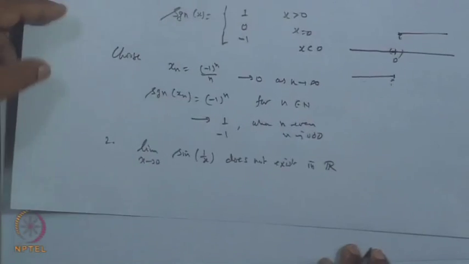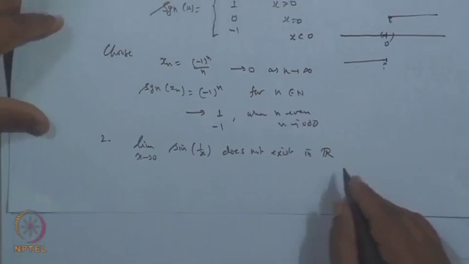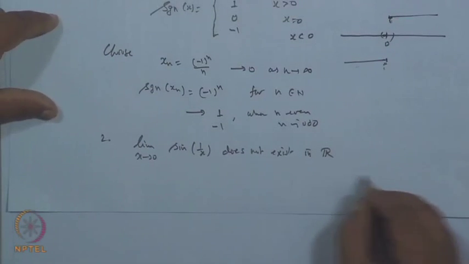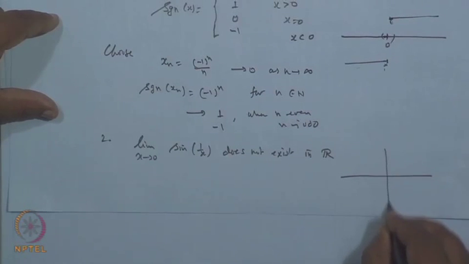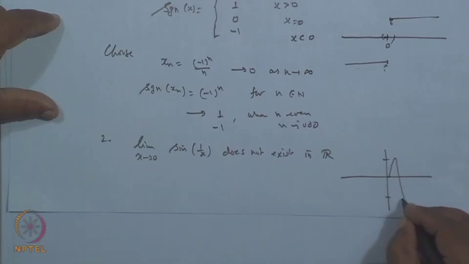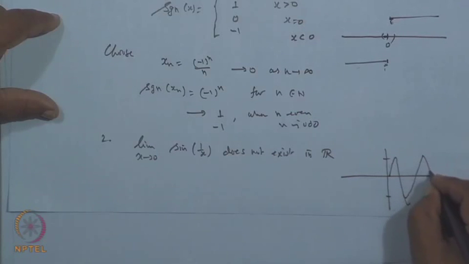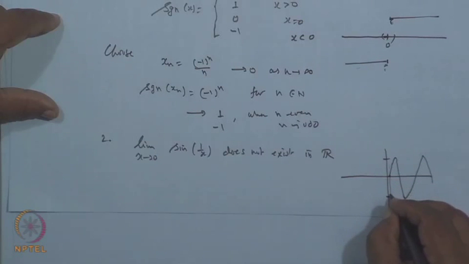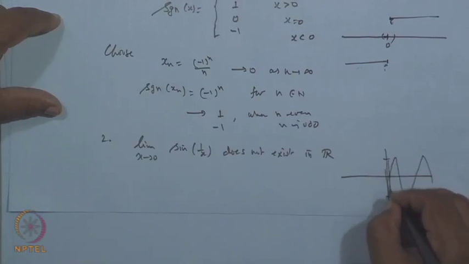Again the sine function. If I look at the graph of the sine function, it is something like this. This is 0, it goes to +1 and -1 maximum. So we get something like this, and similarly here, but as soon as it nears 0 it fluctuates too much.